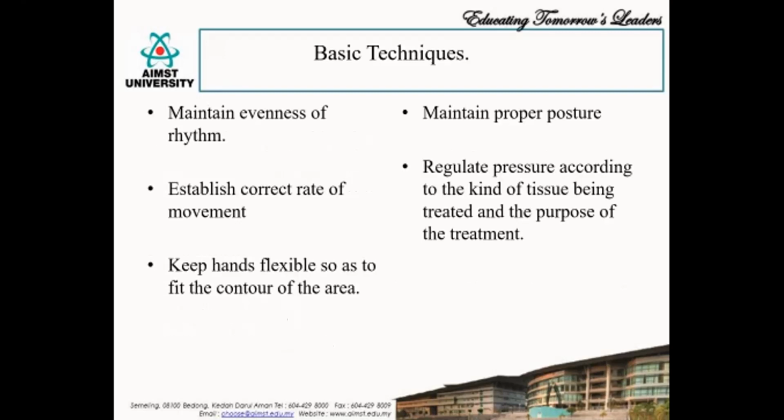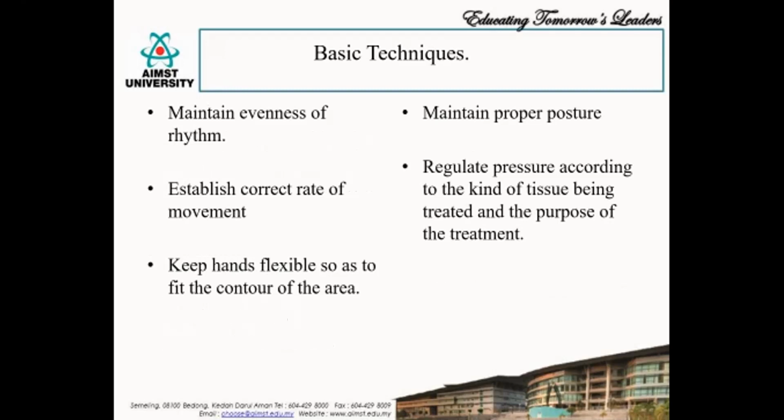Some of the basic things you need to keep in mind: you need to maintain the evenness of the rhythm. Evenness means the pressure, the number of times you repeat the technique, the rate and the speed at which you are doing it; all these are called the rhythm. All these things should be even.